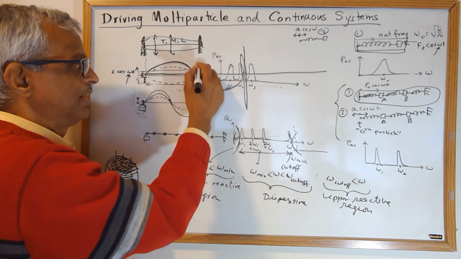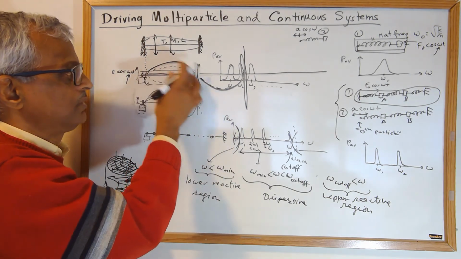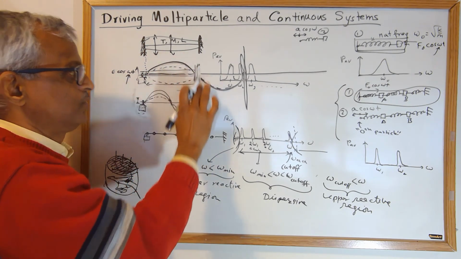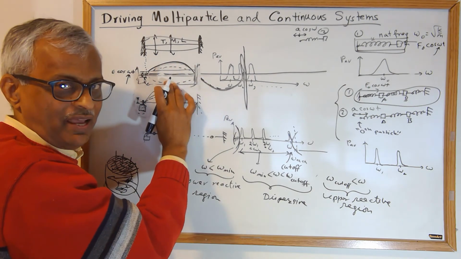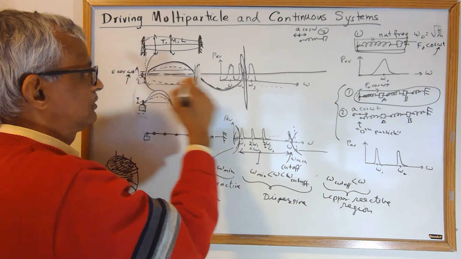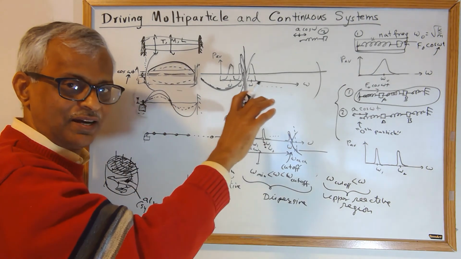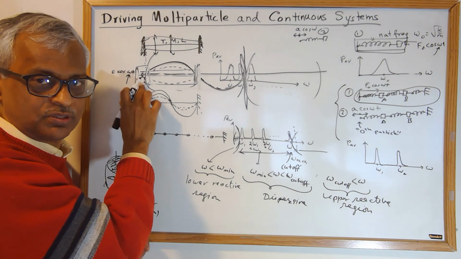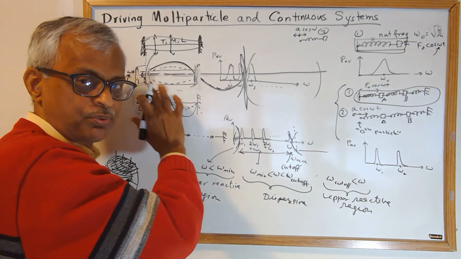Had there been a wall, it would just go there and come back. That's the standing wave, right? When there's no wall, it gets generated, but there's nothing to return it back. So it's going to go there, and this pattern will keep repeating forever. And so you can see how having a driver here, some source, this is a source of wave, it can actually generate a propagating wave.